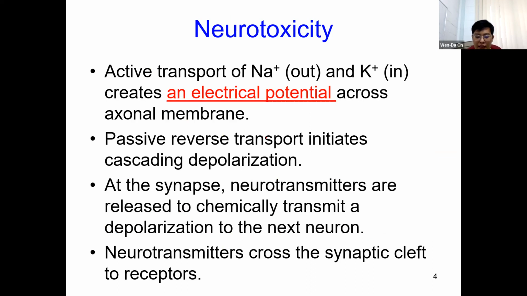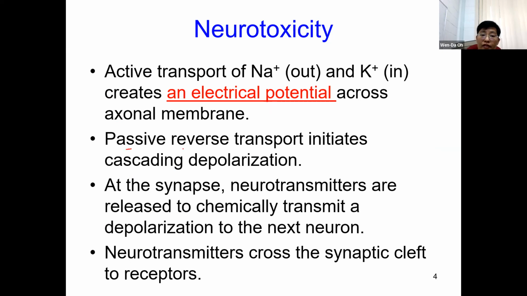So neurotoxicity can happen when you have disturbance, as I said, in the connection between one neuron and another neuron. If this kind of disturbance happens, there are many ways. For example, you can have disturbance in the sodium and potassium transport, because potassium and sodium are important in generating electrical potential.